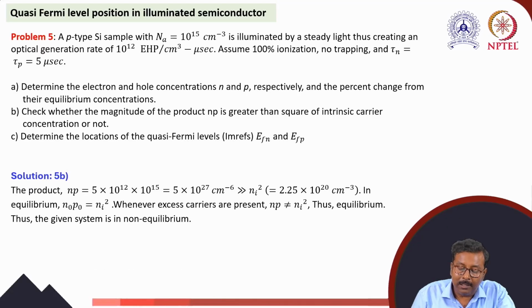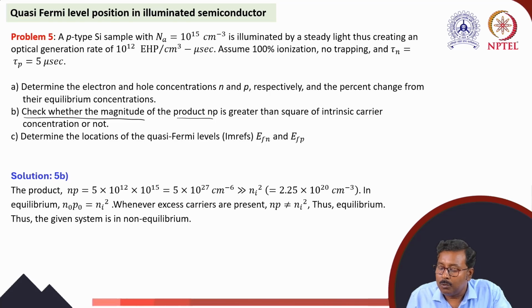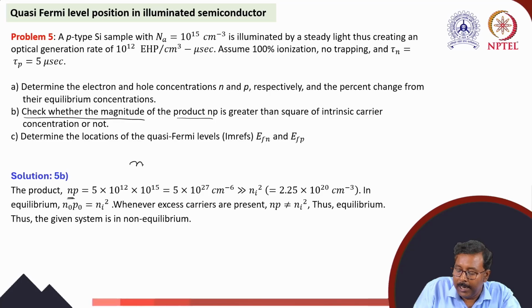Now the second part: check whether the magnitude of the product of n and p is greater than the square of the intrinsic carrier concentration or not. This is very important. What is the value of np? n times p is equal to (N0 plus delta N) times (P0 plus delta P).